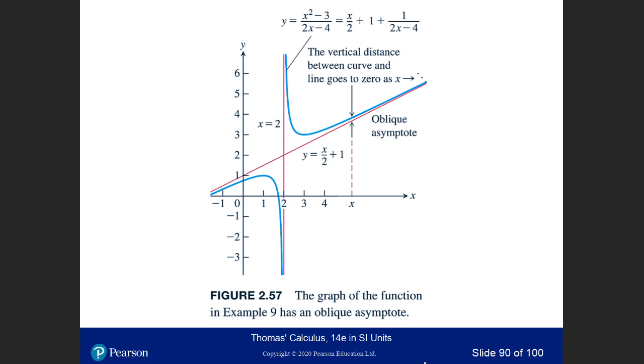So we have now defined a horizontal asymptote and an oblique asymptote. An oblique asymptote appears in a rational function if and only if the degree of the numerator is 1 greater than the degree of the denominator. So when you divide, you get a line.